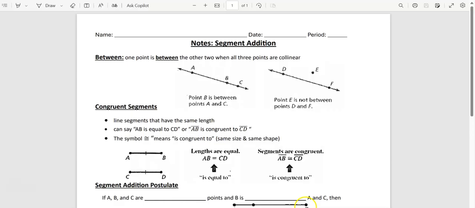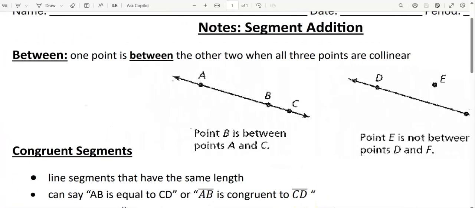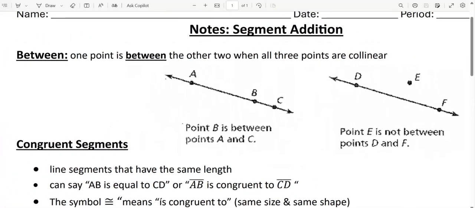Segment addition postulate. All right, first thing you got to know, the word between. Do y'all know what between means? Kind of, right? I mean, you do, I'm sure. But in math, this is what it means. Between means a point can be between when all 3 points are collinear.